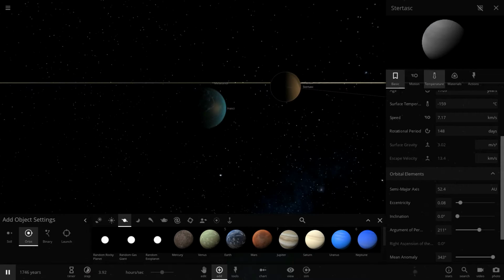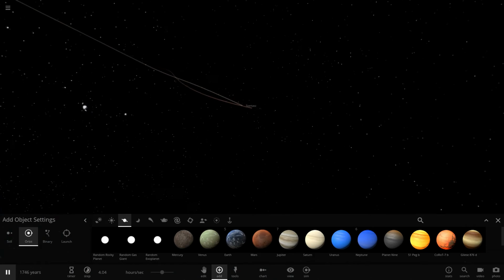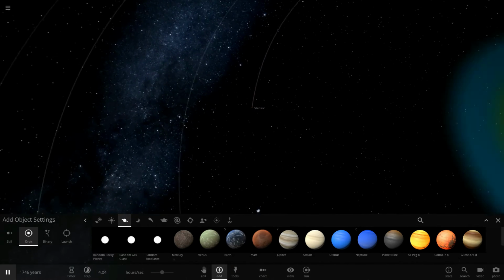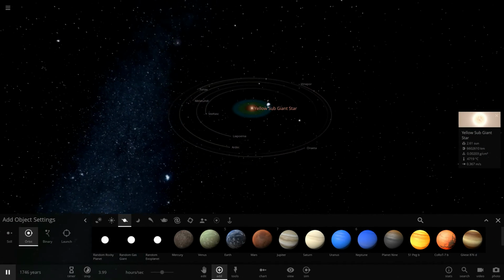The gas giant that it orbits will probably heat up to about 1,000 degrees and everything, but in the end you ain't gonna have any life around subgiant stars.